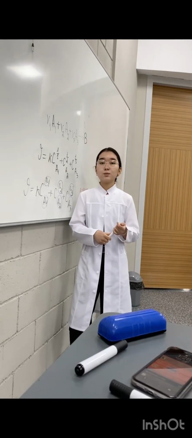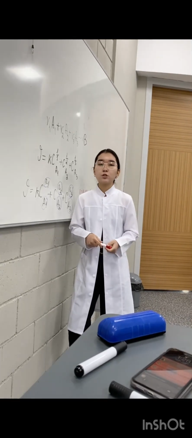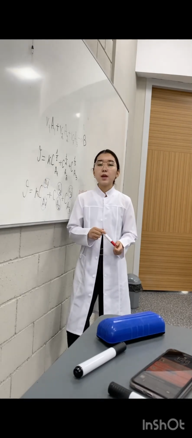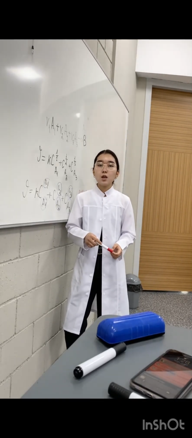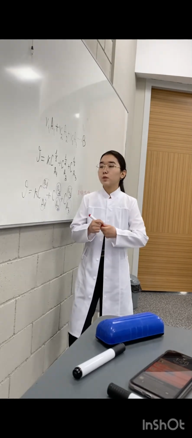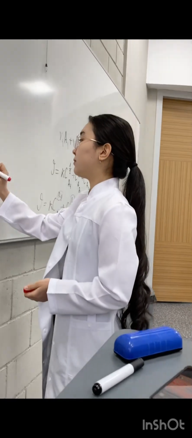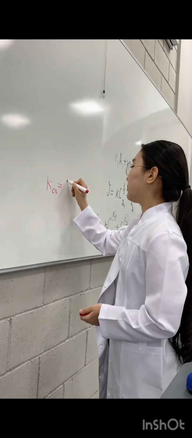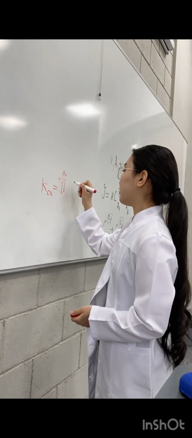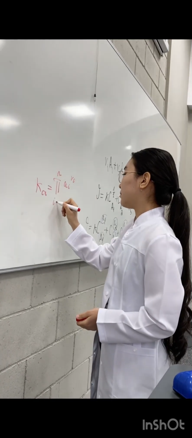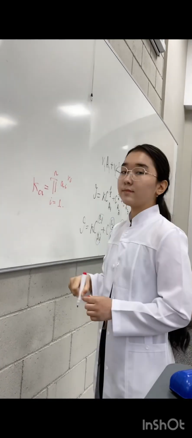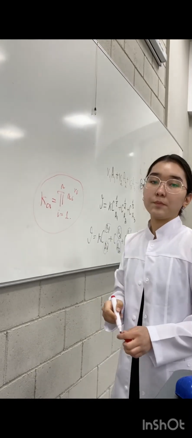In chemical thermodynamics, the law of mass action relates the equilibrium activities of the initial substances and the reaction products according to the reaction. We need to write this formula.